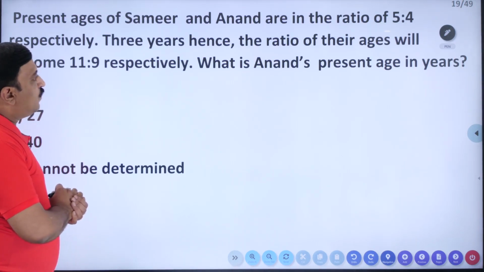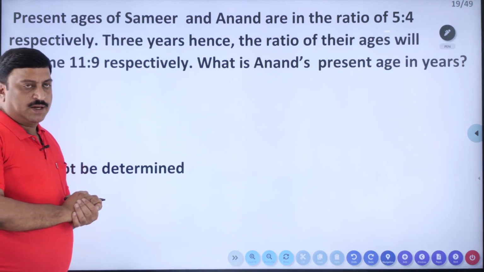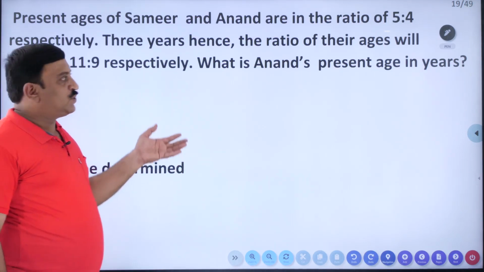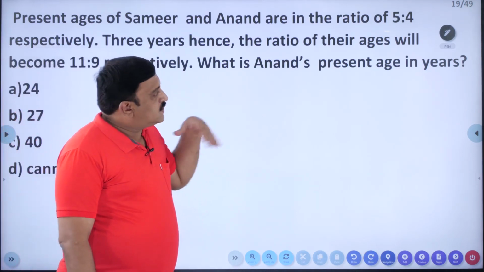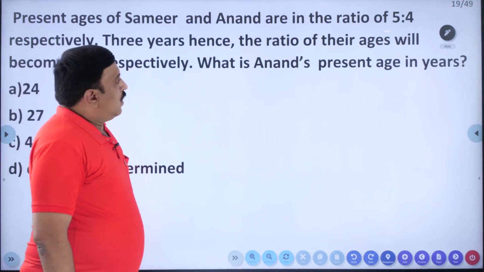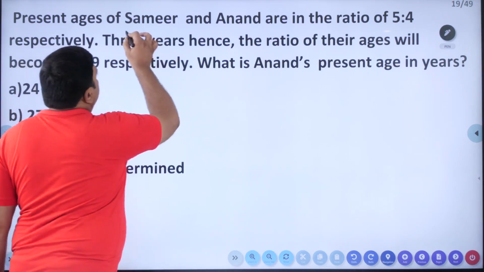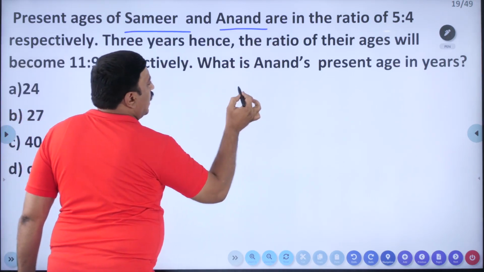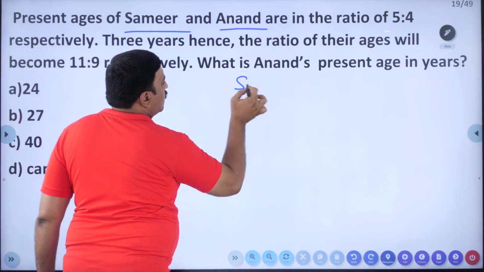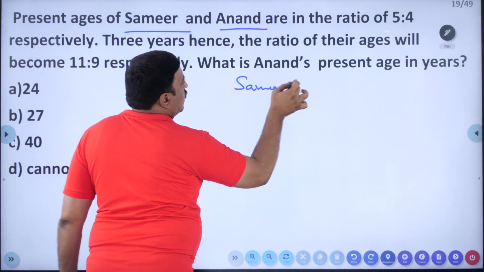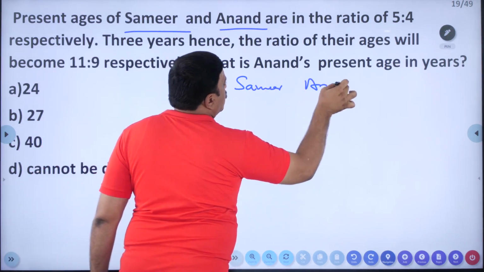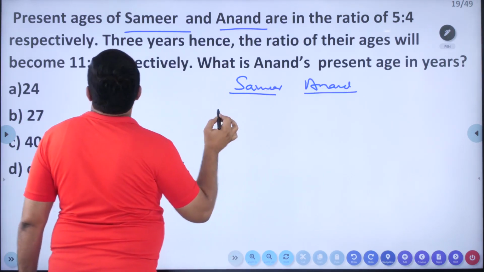This is the next model, the 2 ratios, 1 data model. Here Samir and Anand are there. I'll put Samir and Anand. They are in what ratio? 5:4 ratio. Is it present?